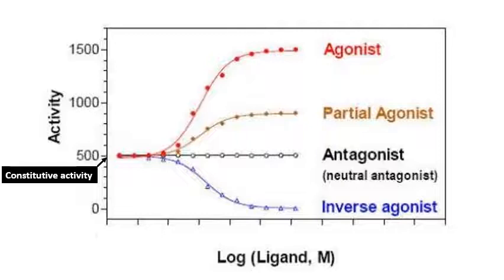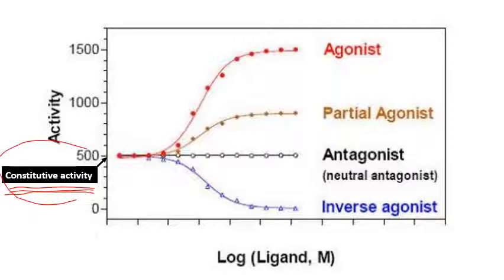Okay, so let's again talk about the effect of agonist, full agonist, partial agonist, inverse agonist, and antagonist. As we said before, there's a basal activity for the receptors. This basal activity, we call it constitutive activity.